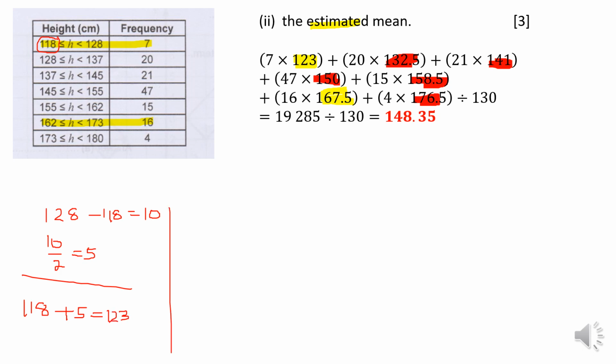Let's take the other one, 173, and we subtract 162. When you subtract 162 from 173, you get 11. And when you find half of 11, because we're just finding the average height of the learners in that class group, then we take the lower value of 162 and we add 5.5.